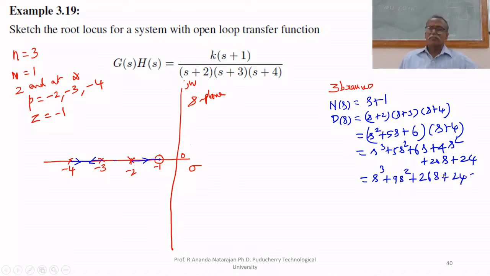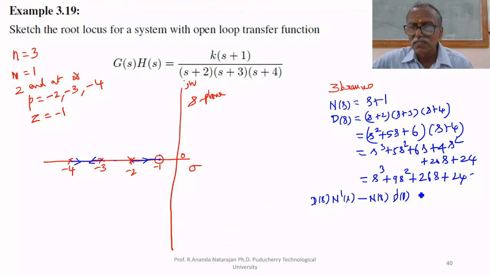How to find repeated roots? The formula is D of s times N dash of s minus N of s times D dash of s equals 0. Or you can write N of s D dash of s minus D of s N dash of s.